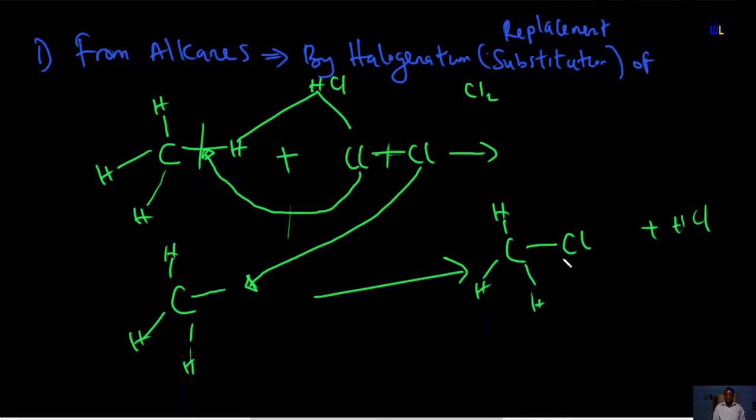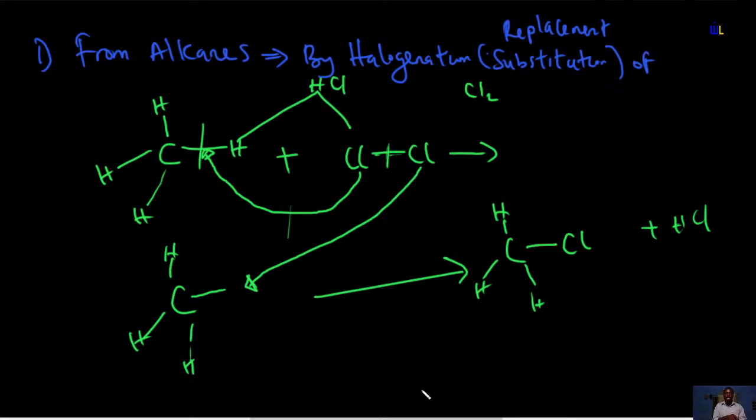So that's that about substitution. One of the chlorine atoms breaks the bond with hydrogen and replaces it. And once it replaces it, it occurs one by one. The hydrogen that is left will now combine with the chlorine that attacked it and go away, while the second chlorine will now go and attach itself here. And this is what we refer to as substitution reaction.